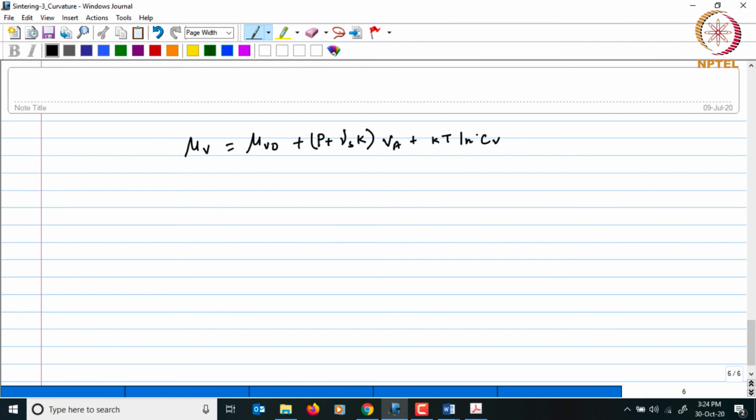Where mu v is the chemical potential of vacancies, mu v naught is a reference value against which the chemical potential is generally measured. P is the mean hydrostatic pressure in the crystal just beneath the surface. Gamma S is the specific surface energy. Va is the atomic volume, and Cv is the concentration of vacancies. Similarly, the chemical potential of the atoms can also be given in a similar manner.